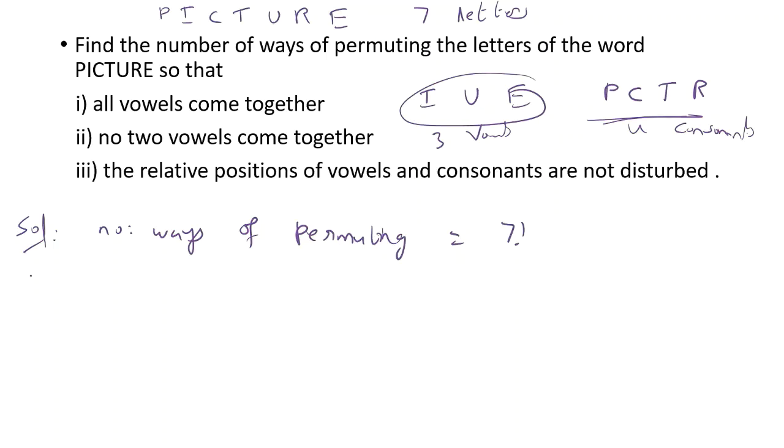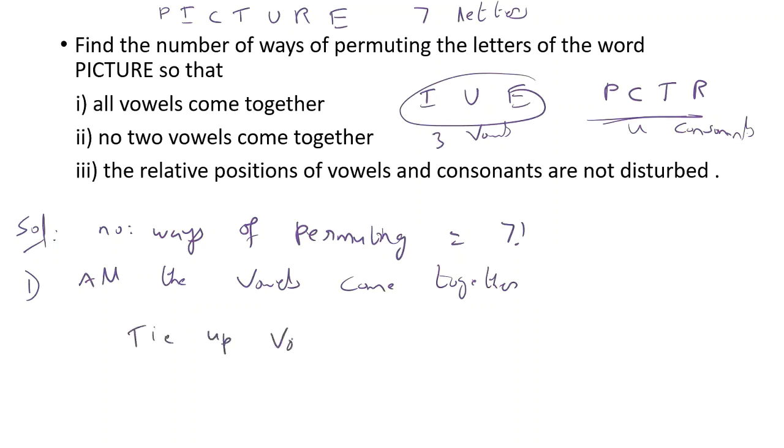Now coming to the first one, all the vowels come together. So whenever you see a constraint like coming together, what you have to do is we have to group all the vowels together. So once we group all the vowels together, we have, okay, so what are the vowels we have?